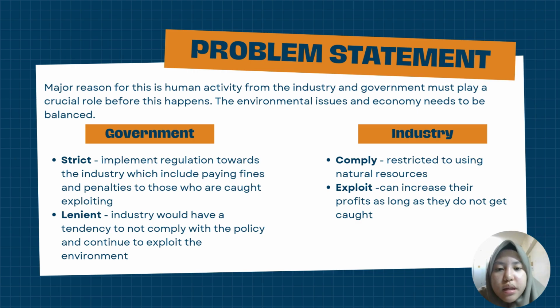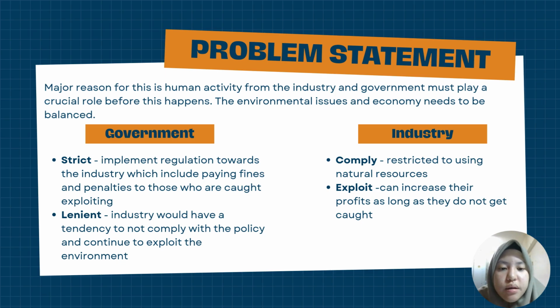But still, environmental issues and economic needs must be balanced. The government can impose a policy, and they have two choices: to be strict or lenient. Strict means the industry that exploits has to pay a fine and penalties if caught, while under lenient, the industry would have a tendency to exploit the environment.